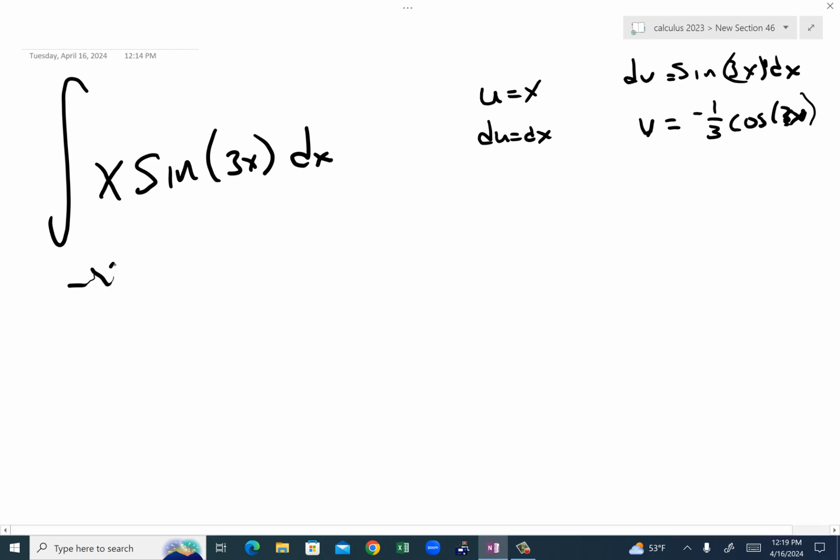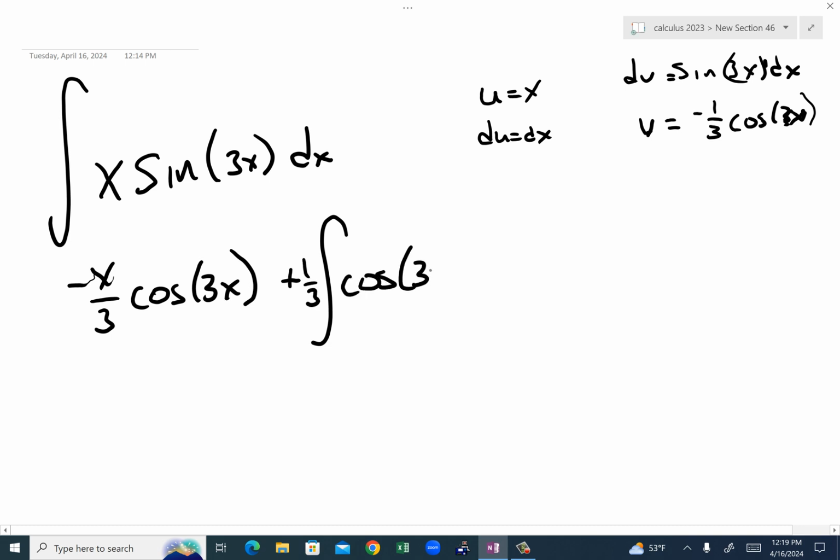So negative x over 3 cosine 3x minus the integral of negative 1/3 cosine of 3x. After that first step, the x went bye-bye. And now we're left with just what kind of a function?